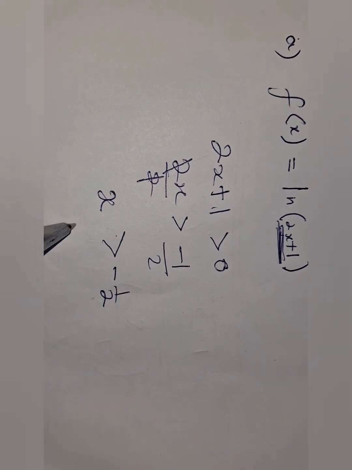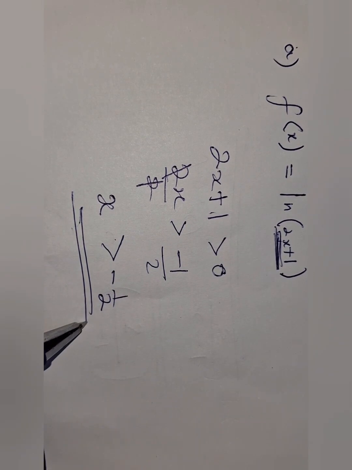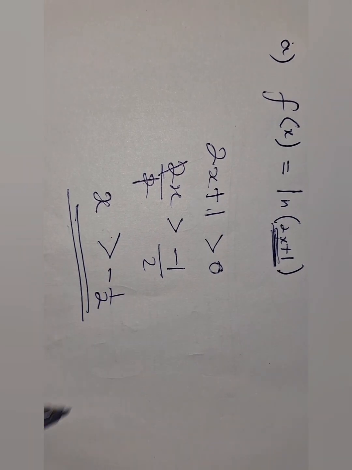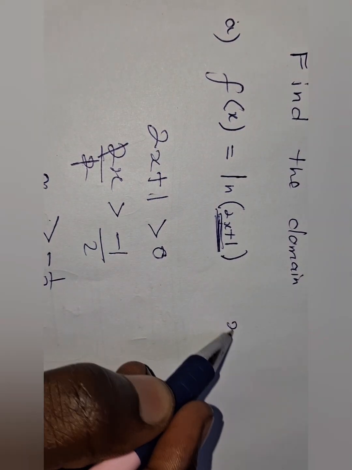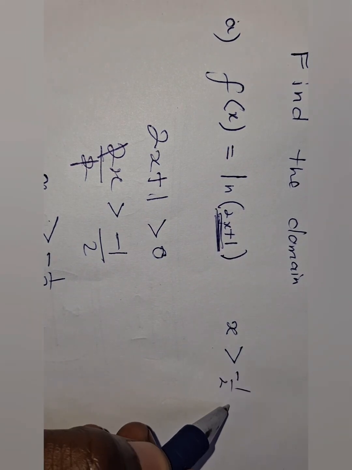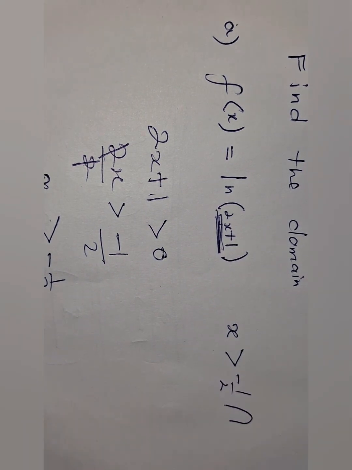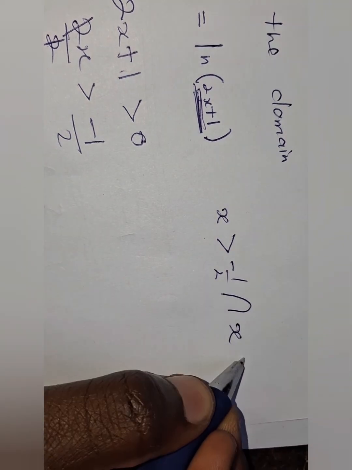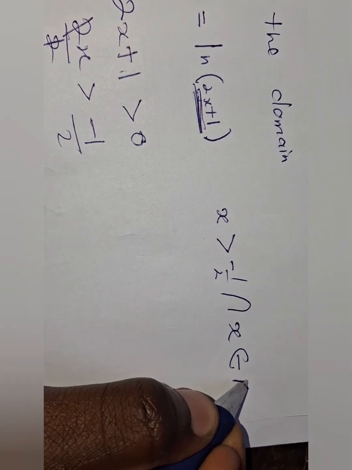Now, this becomes the domain. So the domain is x is greater than negative a half, and x is an element of real numbers.